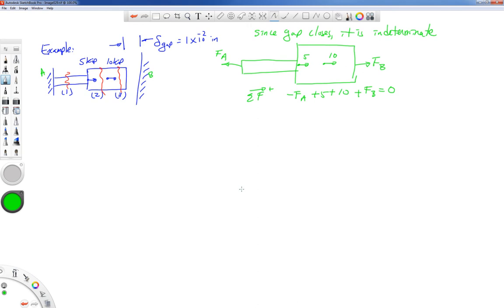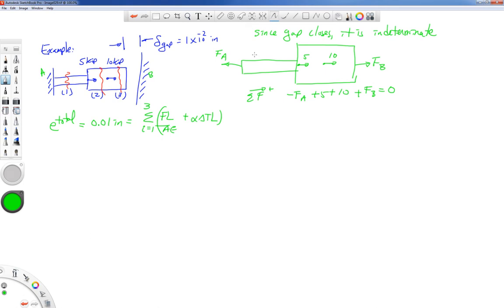We're going to have to go through and figure out what the forces are in each of these. Now, since the gap closes, we know that the total deformation can't be any higher than 0.01 inches. But that's still equal to the summation of FL over AE plus alpha delta TL. The alpha delta TLs are the same as what we found previously, but the forces are going to be different.